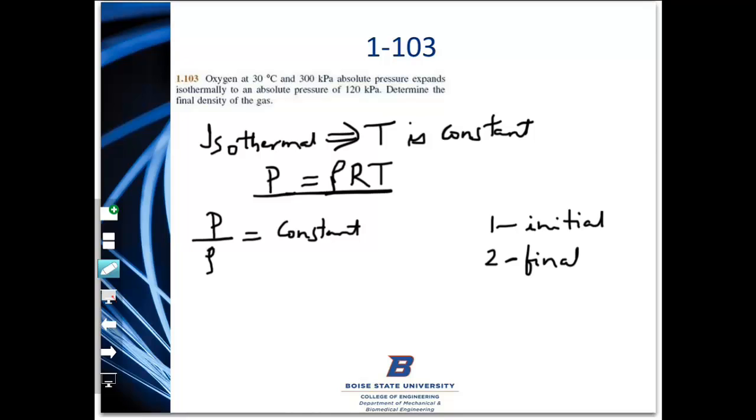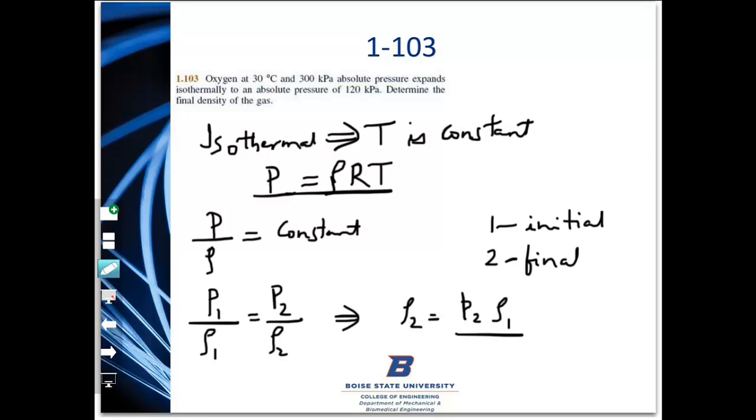So I can then write P1 over rho 1 is equal to P2 over rho 2, which implies rho 2 is P2 times rho 1 over P1, that is, rho initial times P final over P initial. In this case, you know P final, you know P initial.